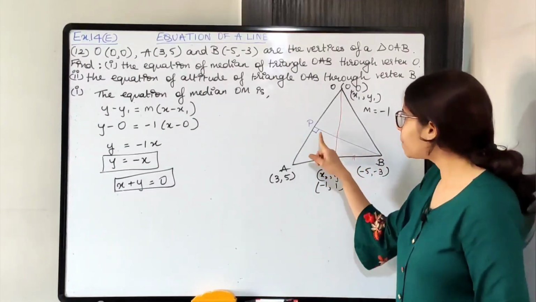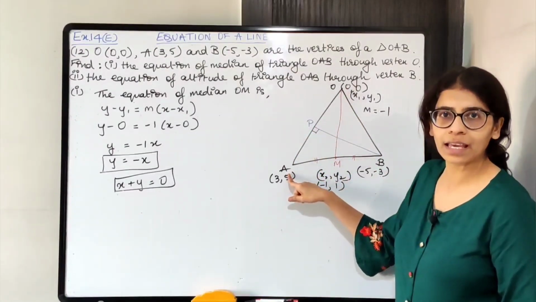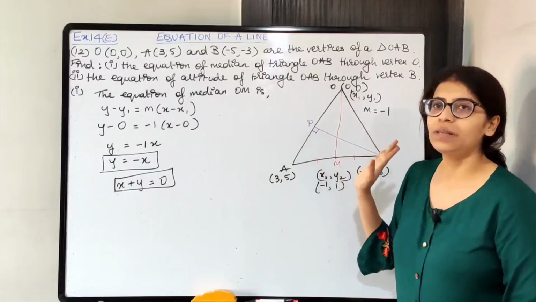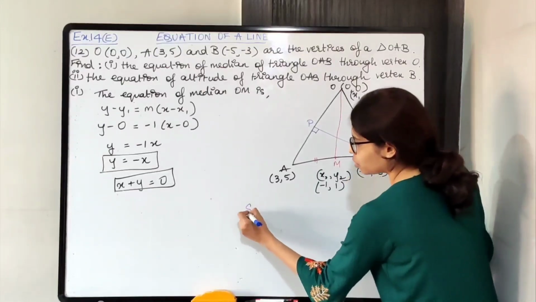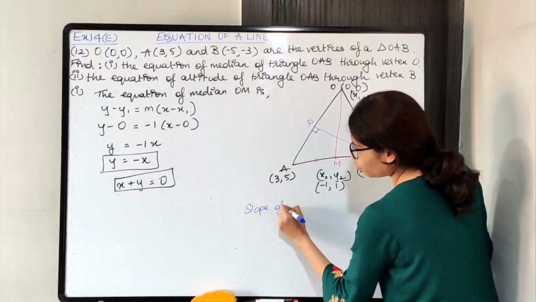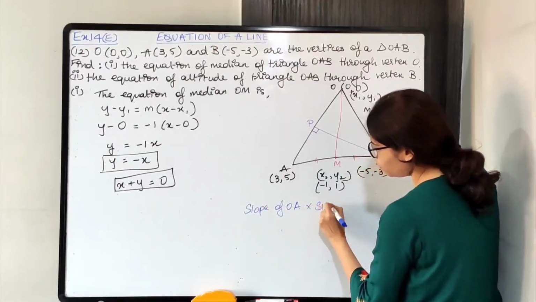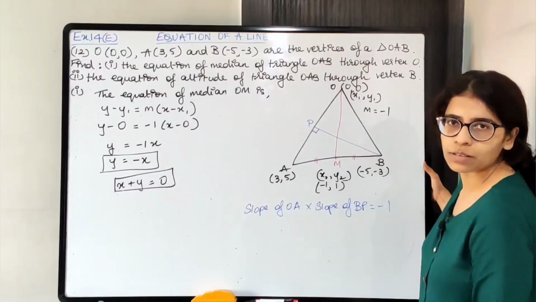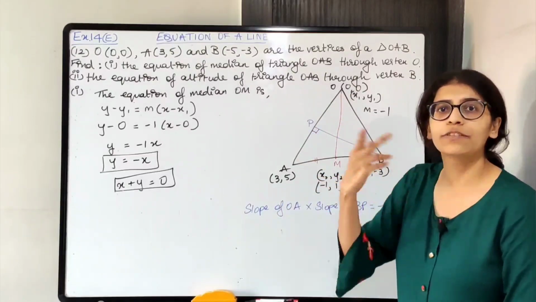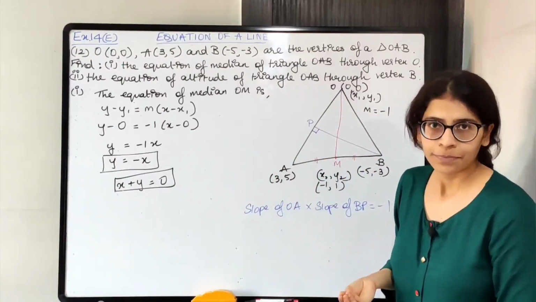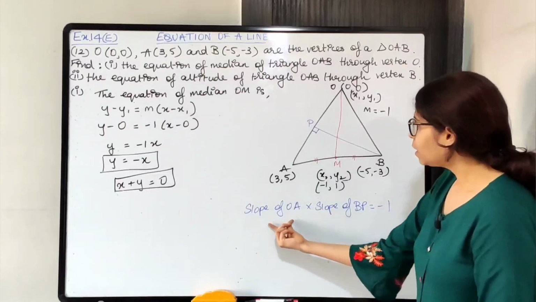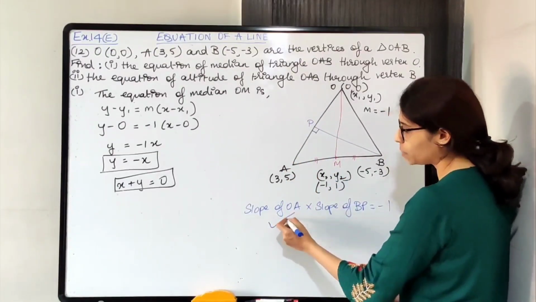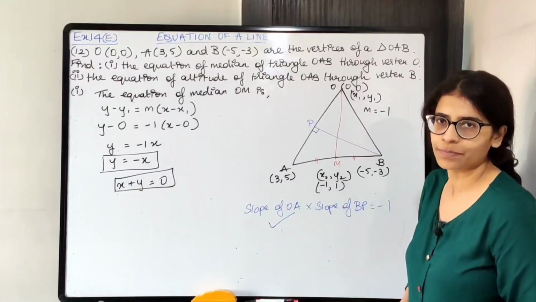Since it is perpendicular to OA, if I know slope of OA, I can easily find slope of BP, because slope of OA into slope of BP will be equal to -1, because they are perpendicular lines, so product of the slopes is equal to -1, है ना? So if I know slope of OA, I can easily find slope of BP. अगर ये मुझे मिल जाएगा तो ये भी easily मिल जाएगा.